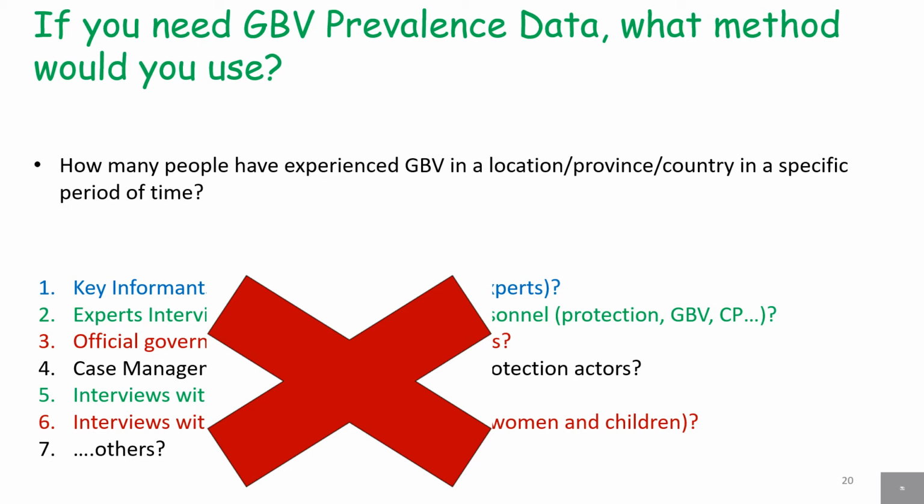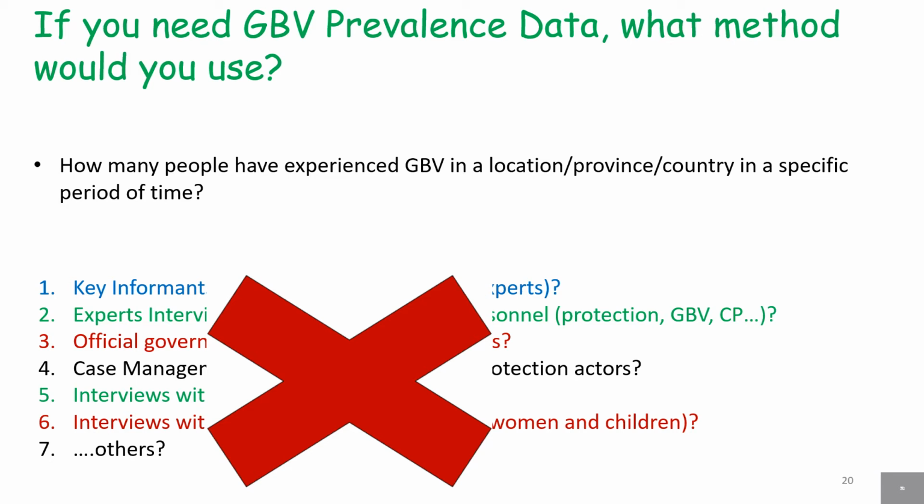The limitation with using this aggregate data is that, firstly, all GBV incidents are underreported, so case management does not capture unreported cases. Also remember that case management only captures incidents reported in places where we or other organizations already work and where there is trust in the system.